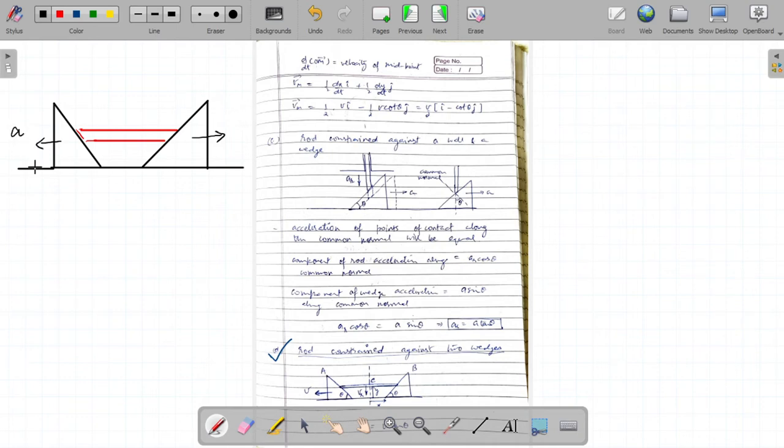So this acceleration is some a1, this acceleration is some a1, and we are saying that both the wedges would be going away with some acceleration, and this is the rod. This is the rod which we are talking about, and these are two wedges.